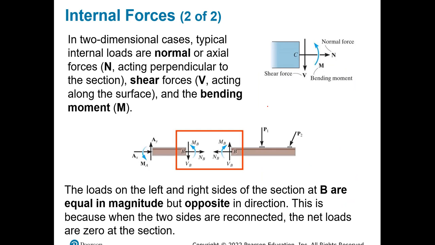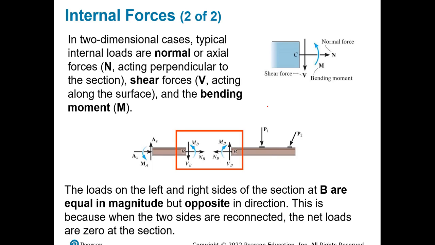In two-dimensional cases, typical internal loads are normal or axial forces, normal acting perpendicular to the section, shear forces acting along the surface, and bending moment. The loads on the left and right sides of section B are equal in magnitude but opposite in direction.